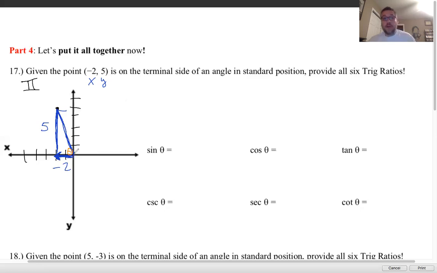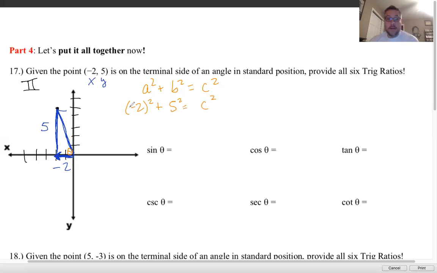And we're going to say some things about this. We're going to do trig. We're going to do sine, cosine, tangent, cosecant, secant, cotangent. But first, we need to find the hypotenuse because it is unknown. Well, this is like we did in the previous examples. We're going to use Pythagorean theorem. A squared plus b squared equals c squared. A and b are the legs, so it's the -2 and the 5. So we've got -2 squared plus 5 squared equals, we don't know, c squared.